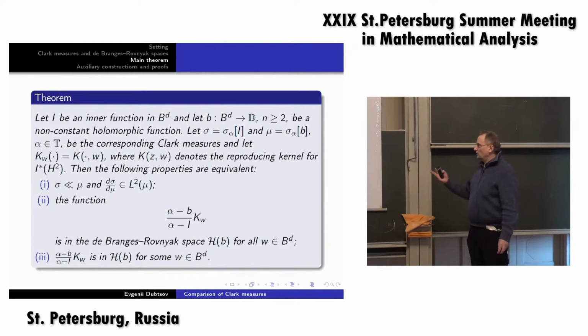So we have this result. Sigma, the Clark measure of an inner function, is absolutely continuous with respect to mu, the Clark measure of our function b, and the derivative is in L2, if and only if the function (alpha minus b) over (alpha minus I) times the reproducing kernel for the model space generated by the inner function I is in the de Branges-Rovnyak space generated by b.